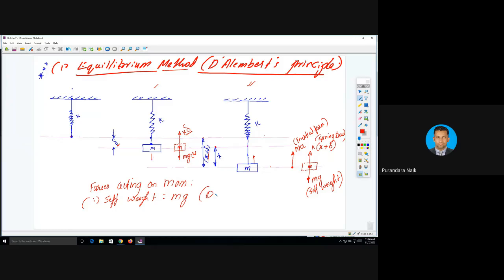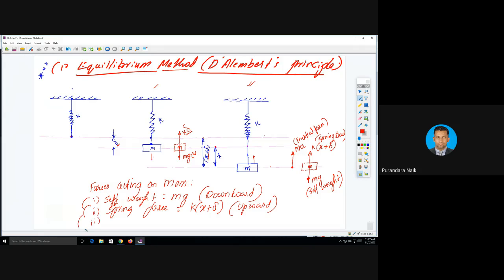Direction downward. Please write down downward. Second one, spring force. Spring force is equal to k into (x plus delta). What direction is it? Upward.